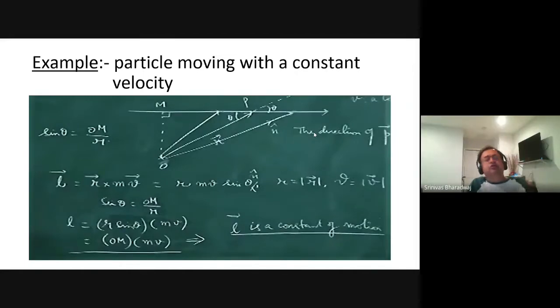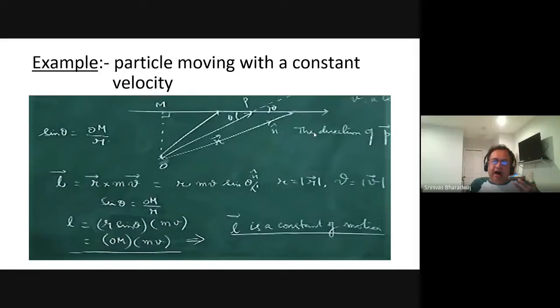Angular momentum is also constant because of r cross mv, the r keeps moving about, so r is about an axis, right? So the r keeps changing. So now you must be saying, r is changing, mv is constant, r cross mv is therefore changing. No, r is changing, but r cross mv is constant.